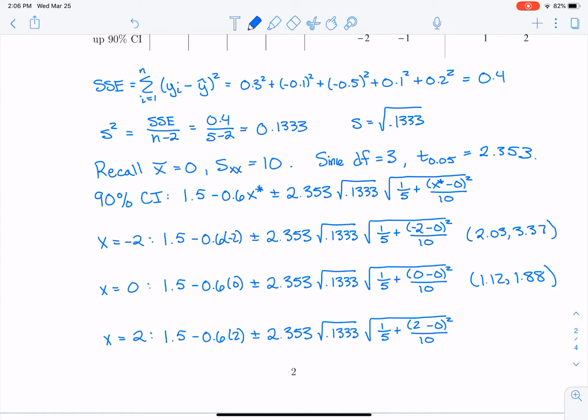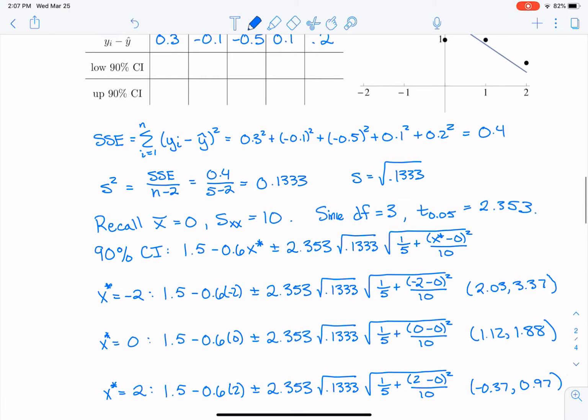And when I do that, I'm going to get an interval of -0.37 and 0.97. Okay, so these were my confidence intervals for -2, 0, and 2.